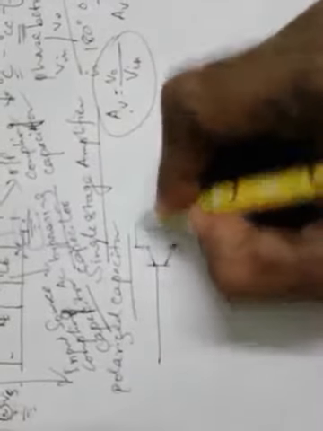So this VCC source will also be replaced by a short because of AC analysis. This means that the plus VCC terminal is at the same AC potential as ground. So in the AC equivalent circuit, if we want to draw that, I am just coming to that. This will be the AC equivalent circuit.